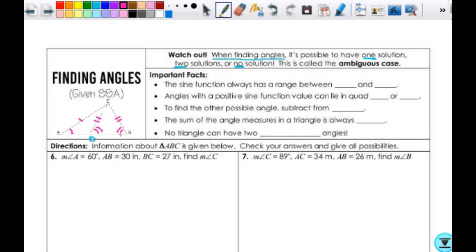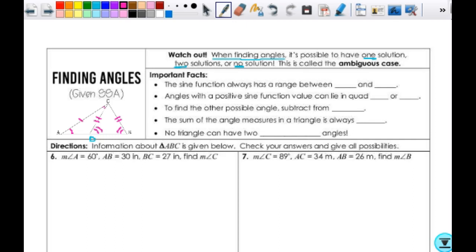And so if you have these 2 sides and the non-included angle of this triangle congruent to these 2 sides and the non-included angle of the bigger triangle, those 2 triangles are not necessarily congruent. It's definitely possible, but it's why it's called the ambiguous case, because maybe they're congruent and maybe they're not. But that's going to require us to check some things as we go through these problems and we work them.